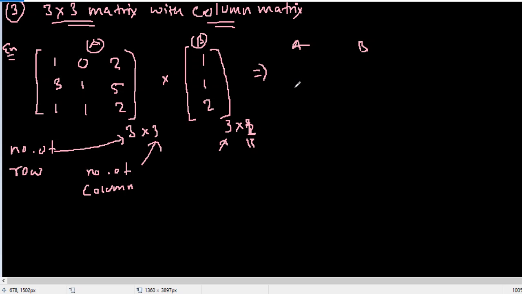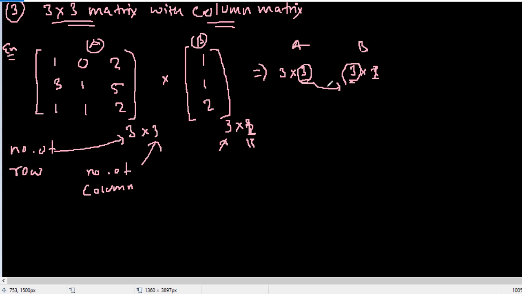Once you get a good grip over matrix multiplication, you can directly do it. But to give you a clear view, I'm going to do something like that. It is 3 cross 1, and we can see that this 3 and this 3 are the same.